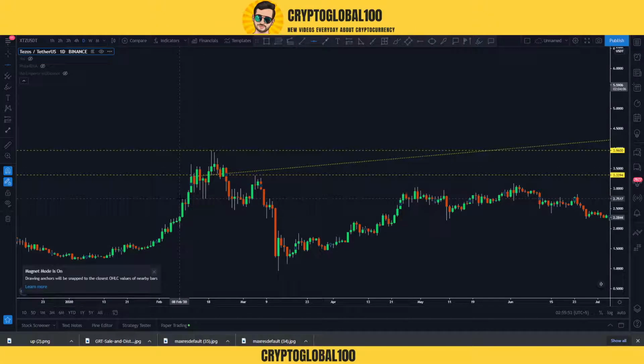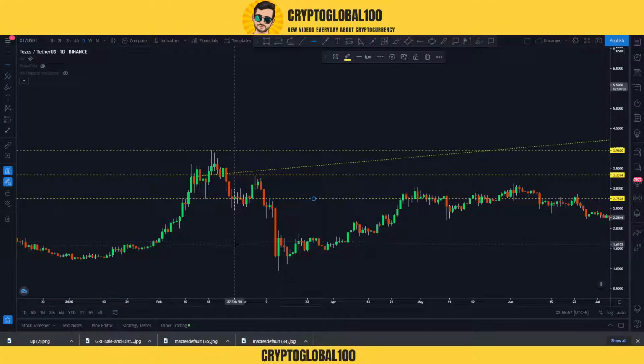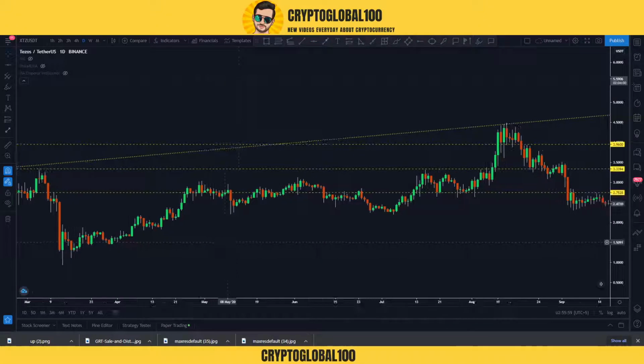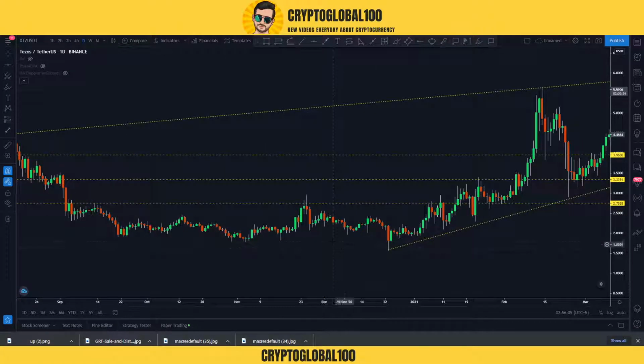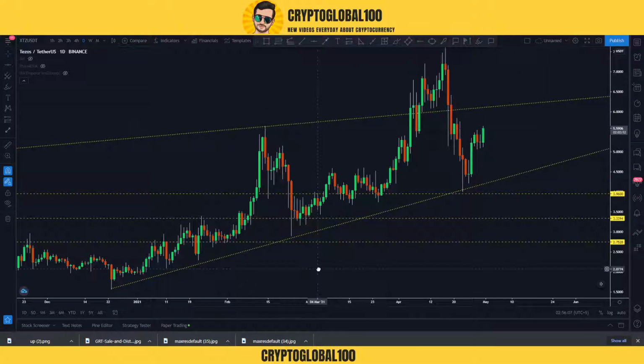Let me draw this zone, this one would be perfect as well. The price was in this range, and here you see how perfectly this zone was tested, and this zone.